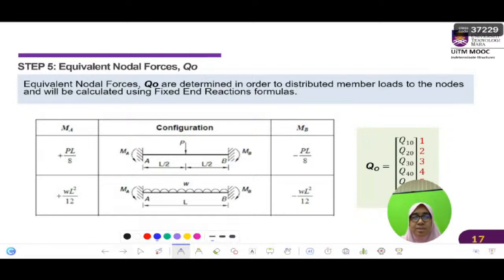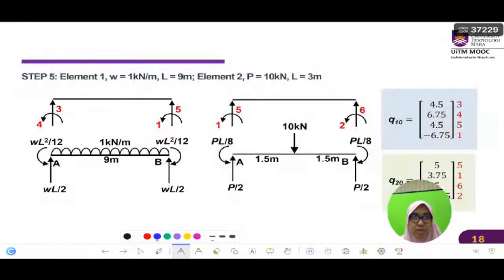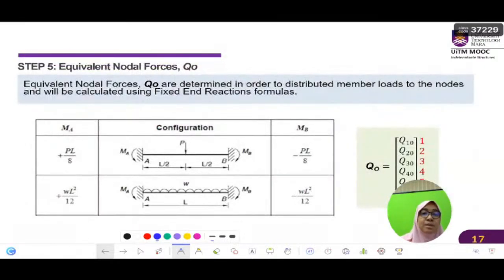The next step: since this beam is subjected to UDL and point load along the member, we have to distribute them to the nodes. Remember, Q, the nodal forces, is just for forces subjected directly at nodes. However, whenever the member is subjected to forces along the member, we have to distribute them equivalently, so we call them equivalent nodal forces.